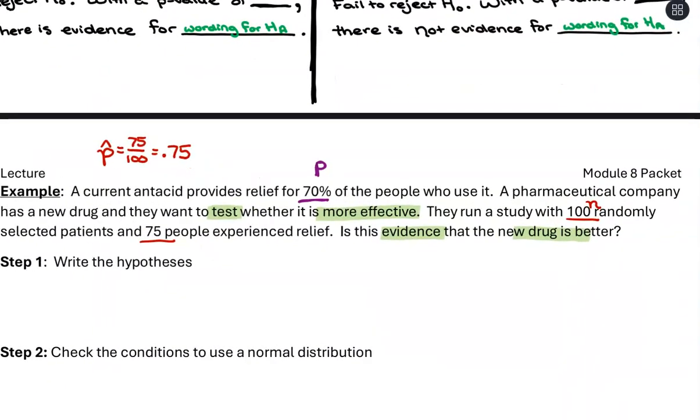We want to show it's more effective or that the drug is better, which means more people get relief from it. So we want to see a higher proportion of relief. Let's say it that way.